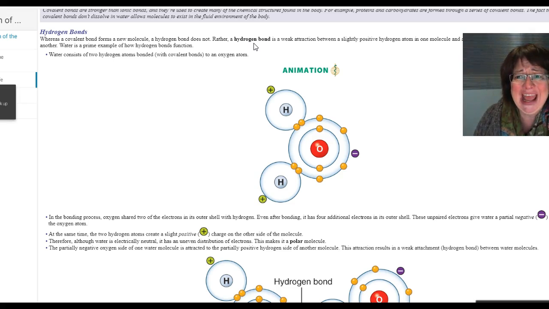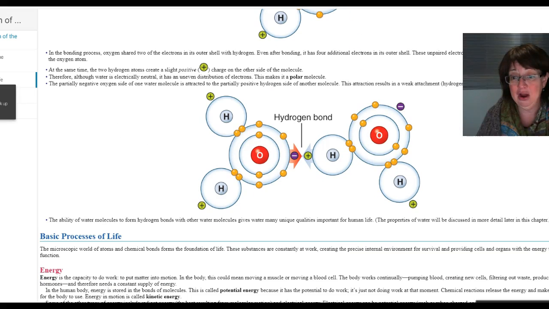Hydrogen bonds are extramolecular because one hydrogen is attracted to the slightly negative end of another molecule. So here's an example of the slightly positive end of the hydrogen attracted to the slightly negative end of the oxygen. And this results in an interaction that will hold but not really tight.